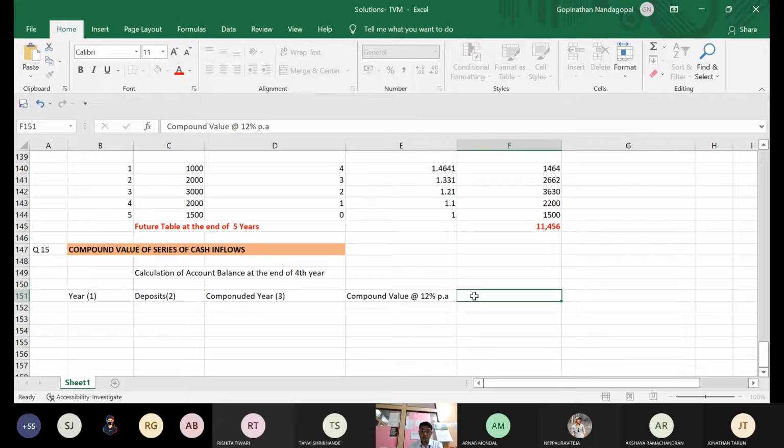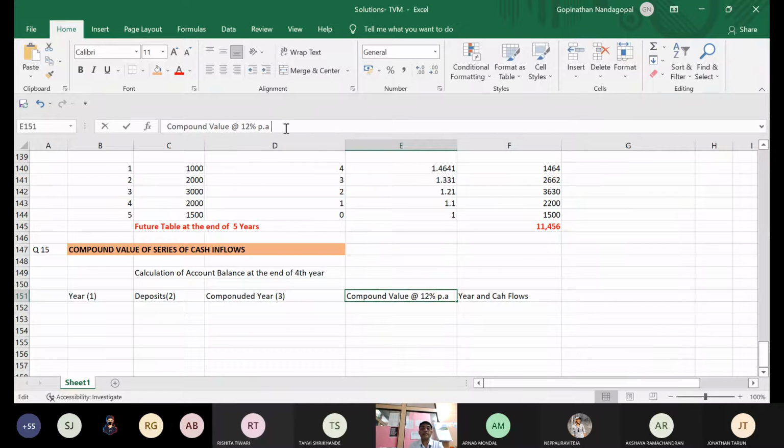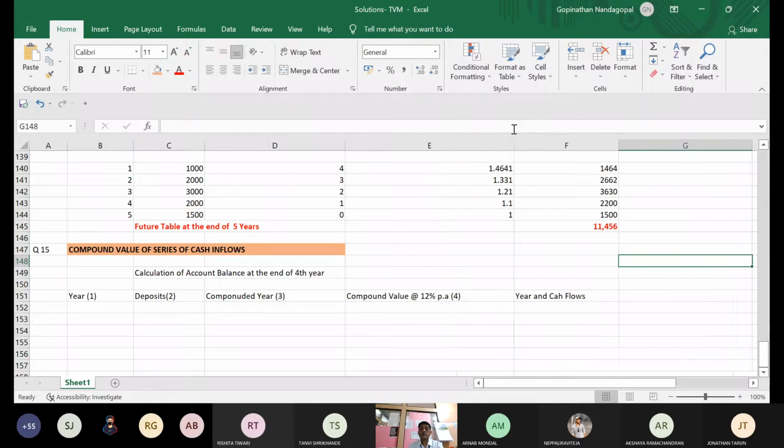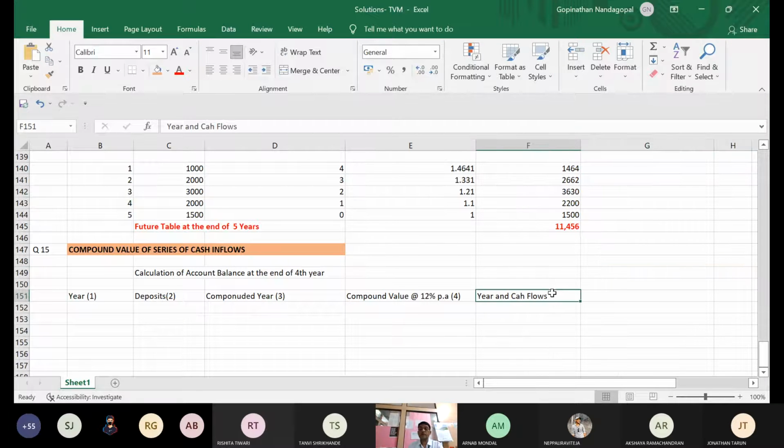Then you can say year and cash flows. So this you can call as 4.